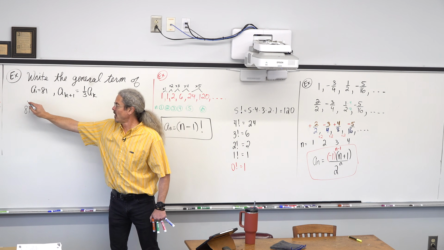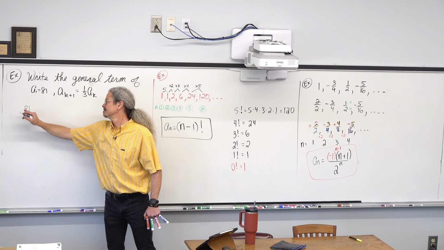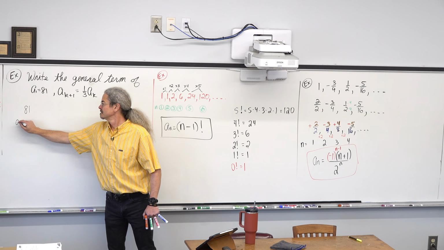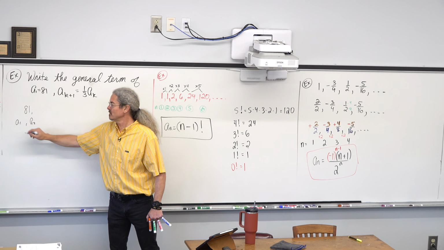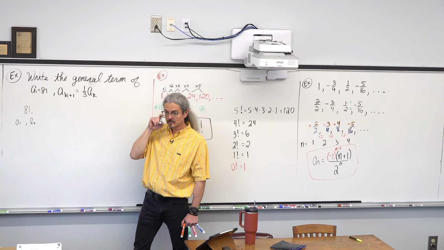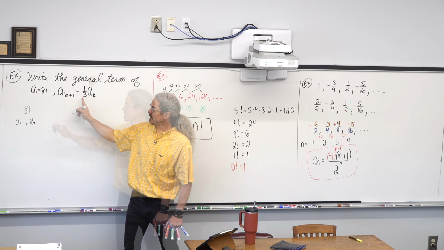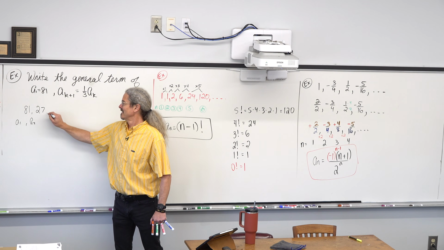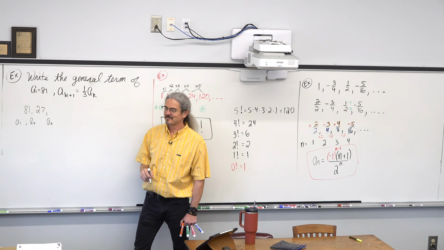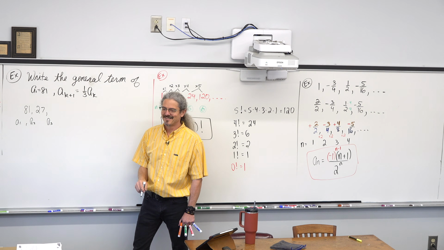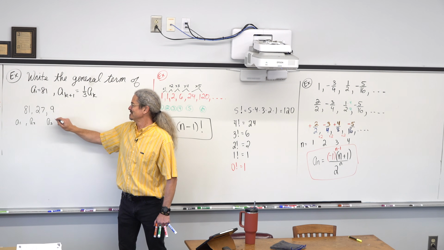So if a sub 1 is 81, then a sub 2 is what? Divide by 3. 27. Okay, a sub 3. Divide by 3. Isn't it 9? Thank you. 9.